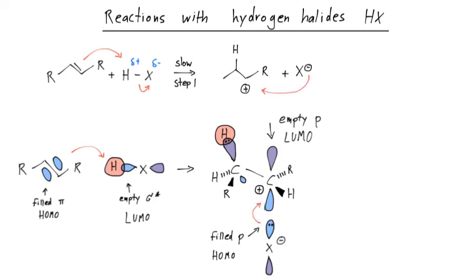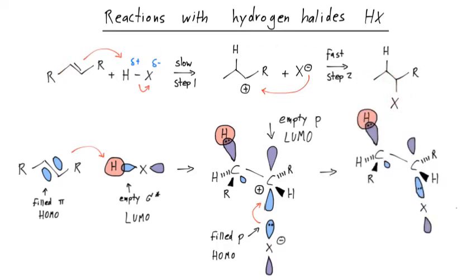So the nucleophilic attack will donate electrons from the HOMO of the halide anion to then undergo a reaction to form an addition of the halide to the original alkene. In principle, what that means is that a new sigma bond is formed between the halide and the carbon here.